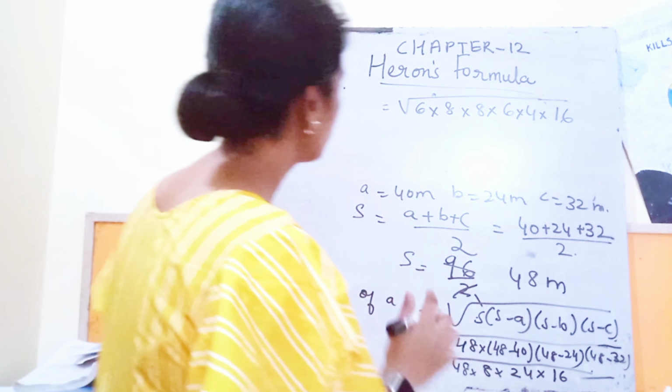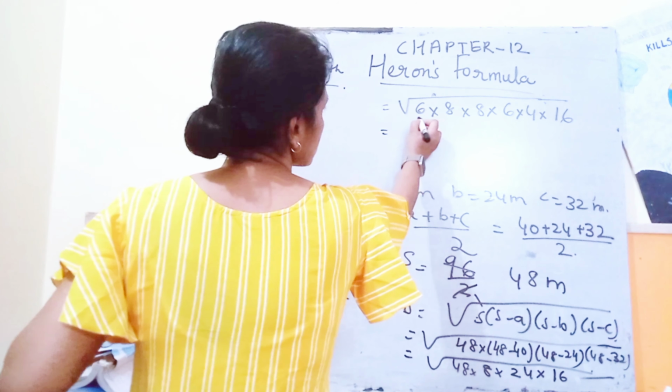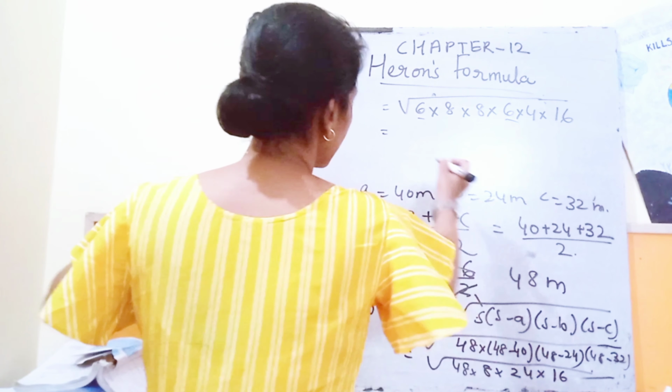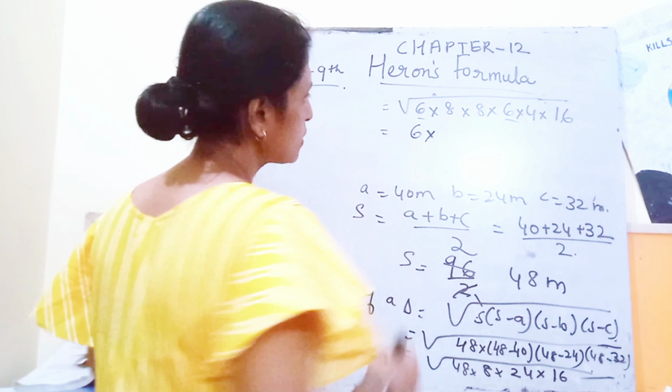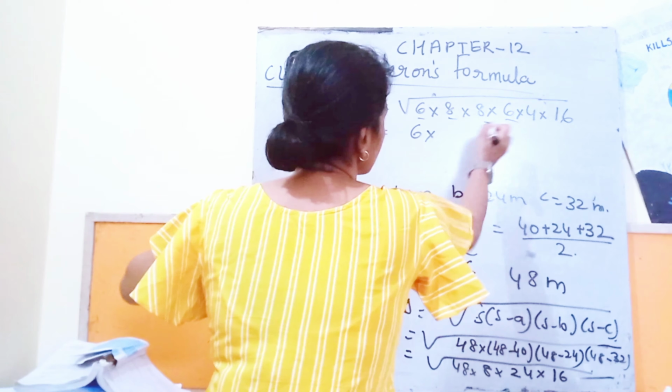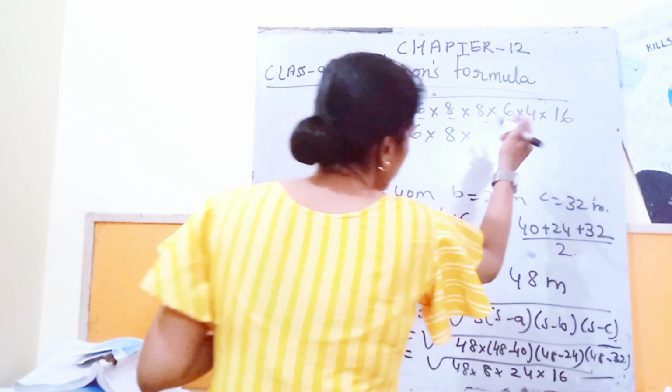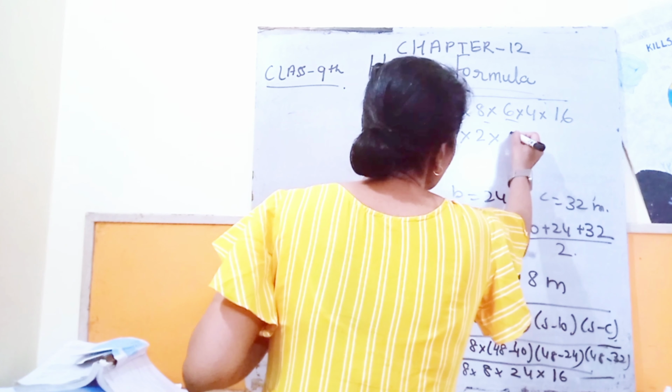Now children, pair up. This 6 and this 6 can be paired up, and as this is a square root, we will take one common out of this. This two 8s, we will take off one 8. Now the square root of 4 is 2, and the square root of 16 is 4.